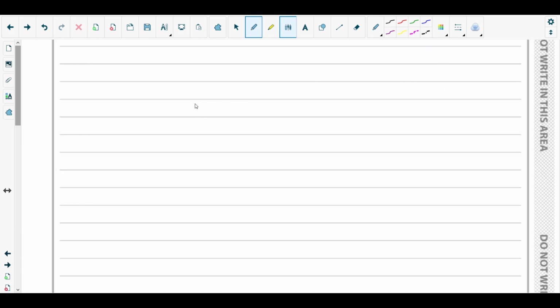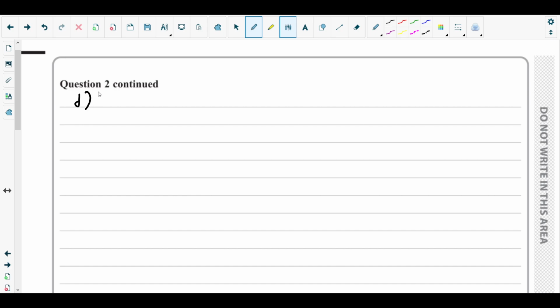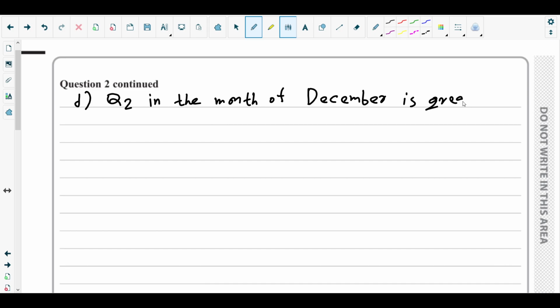For part D, what we can say is that the median, Q2, in the month of December is greater than the Q2, the median, in the month of February.